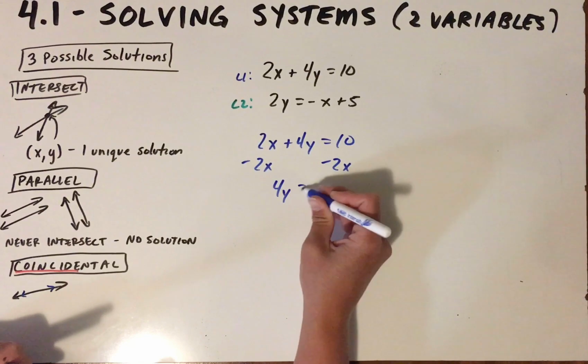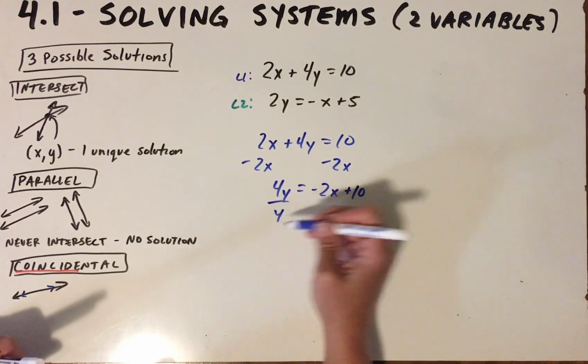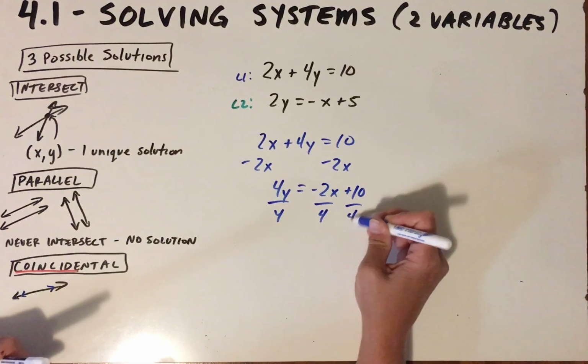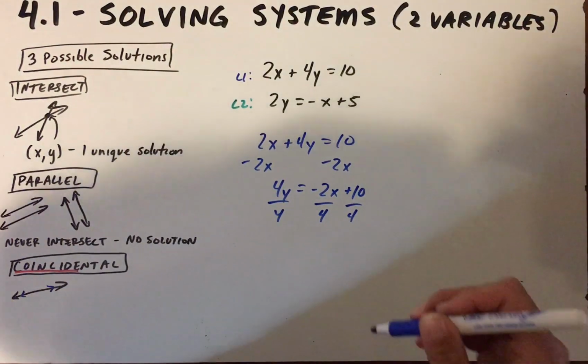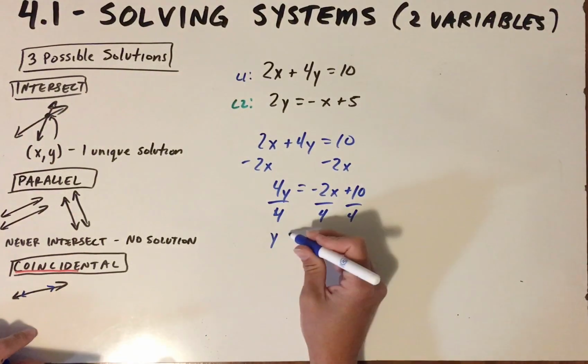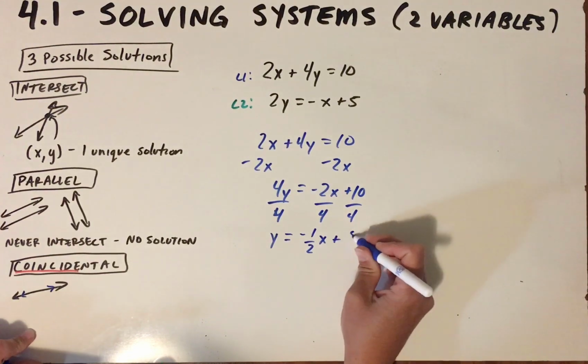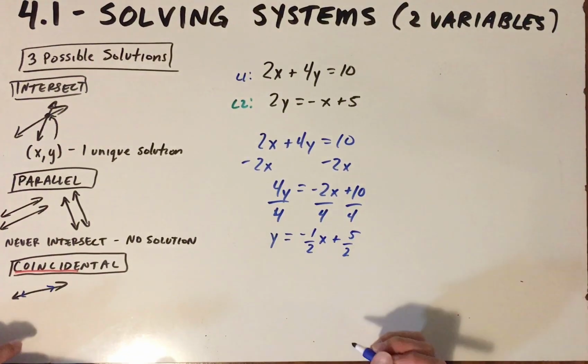I would get 4y is equal to negative 2x plus 10, divided by the 4, and we would get that y is equal to negative 1/2 x plus 5/2.